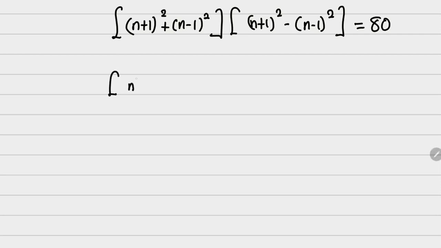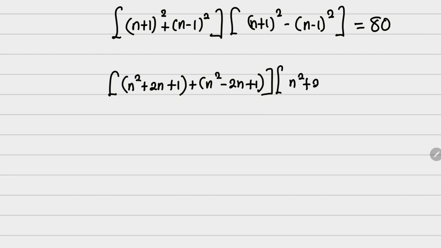I'm going to have n squared plus 2n plus 1, then plus n squared minus 2n plus 1, cover the brackets. Now, the next bracket is going to be n squared plus 2n plus 1, we cover it. Then minus n squared minus 2n plus 1.